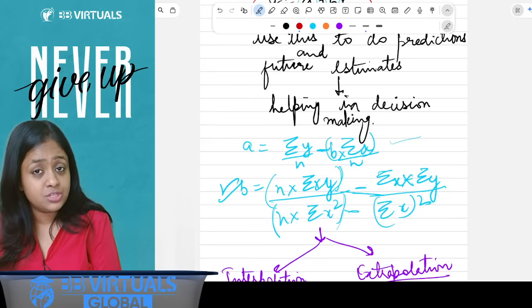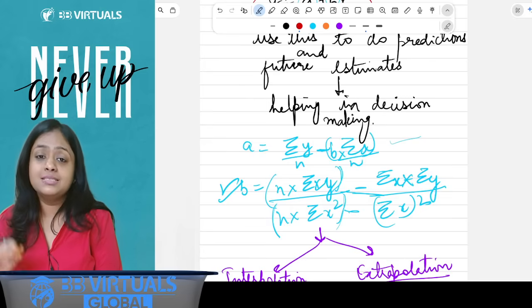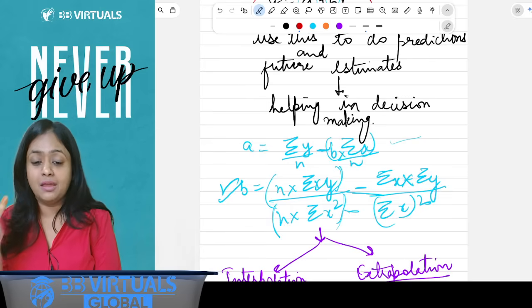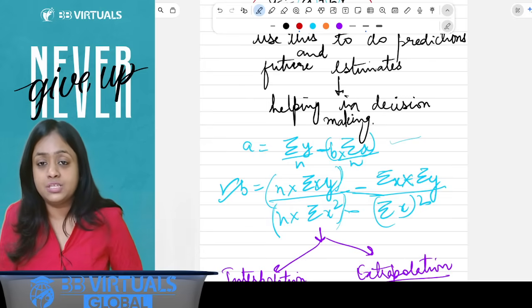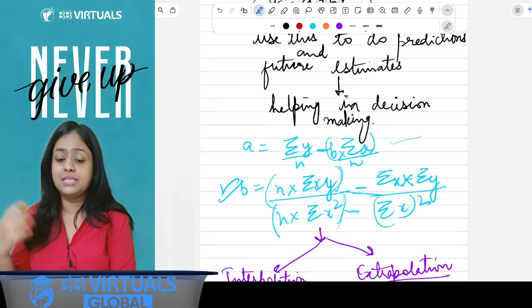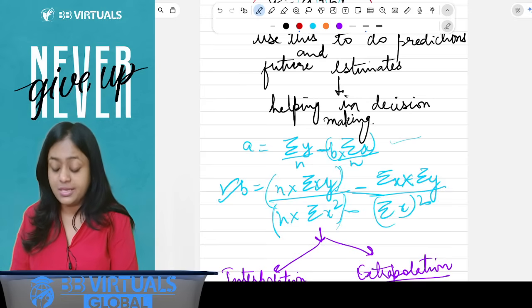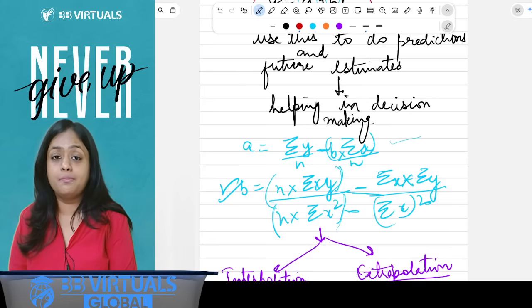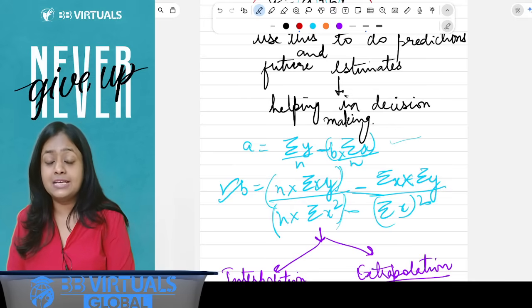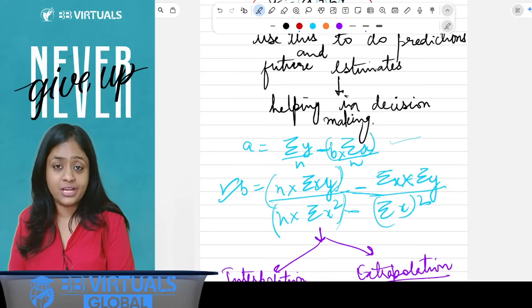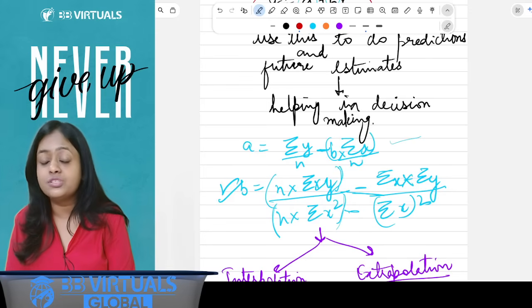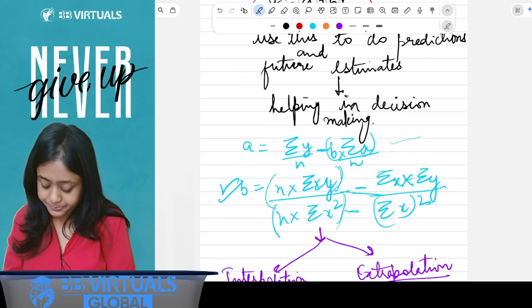So the question comes, what is b? b is n multiplied by sum of xy, less sum of x multiplied by sum of y, divided by n multiplied by sum of x square less sum of x whole square, where n is the number of line items. So yes, you need to do these calculations, so keep your calculators for the same.